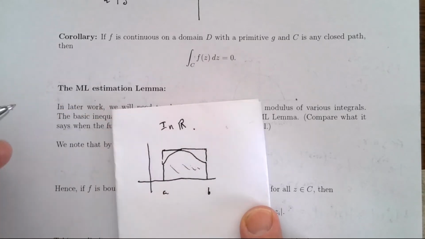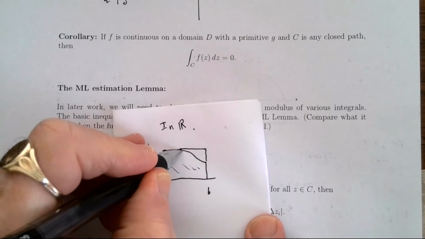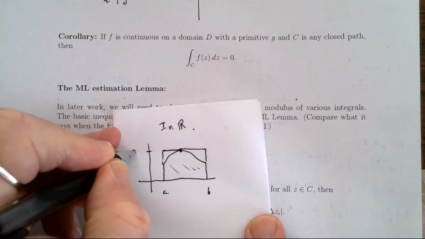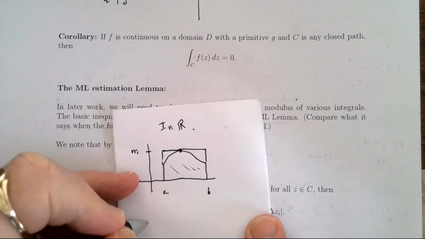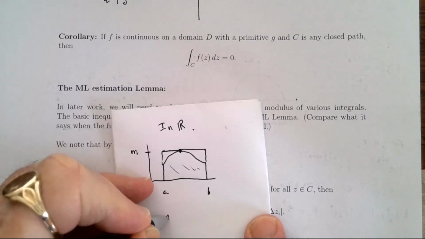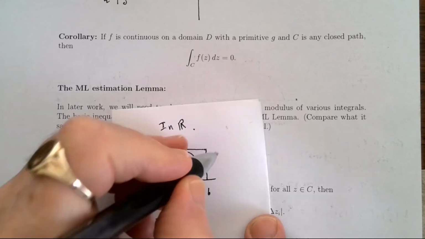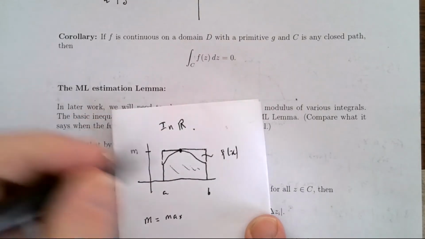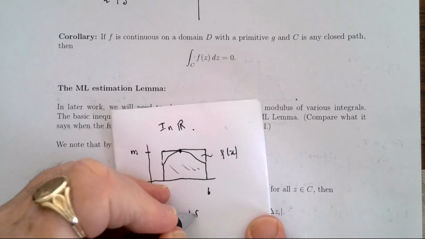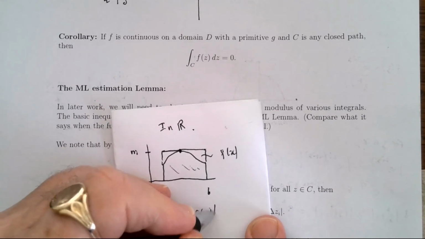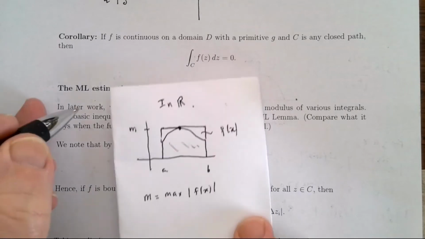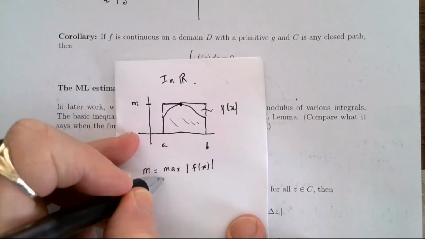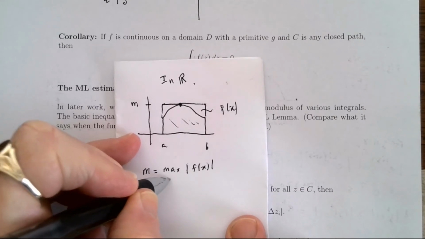That's going to be this height here, and I'm going to call that M. And that M is the maximum of our function f of x, and just in case f went negative, I might take the absolute value. So my M is the maximum of this for x on the interval AB.